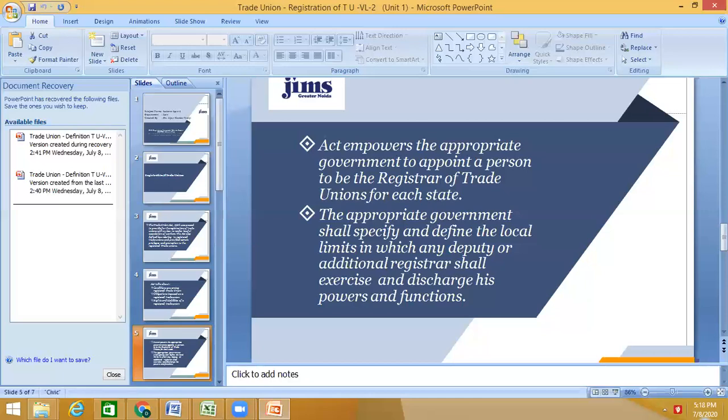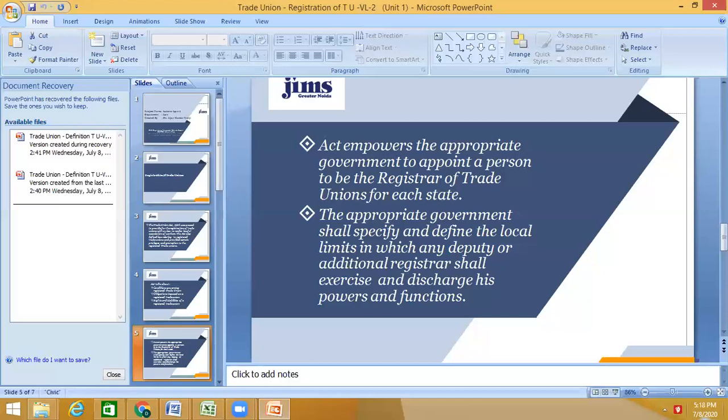What is the meaning of this? The meaning is that the deputy or additional registrars, while they are discharging their duties and powers, would be deemed to be the registrar in relation to the trade union for the purpose of this Act.